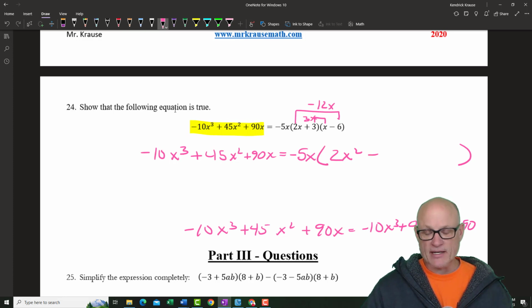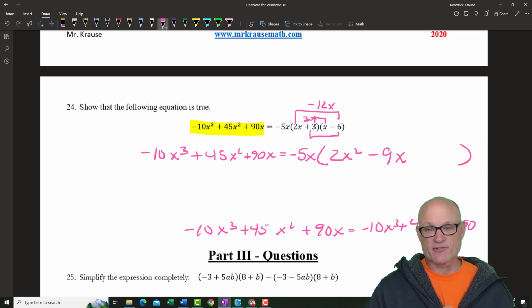So that's minus 9x. I was thinking this was a 95 down here. I'm like, how in the heck did I get that? 45. All right, this is a minus 9x. And then positive 3 times negative 6 is negative 18.